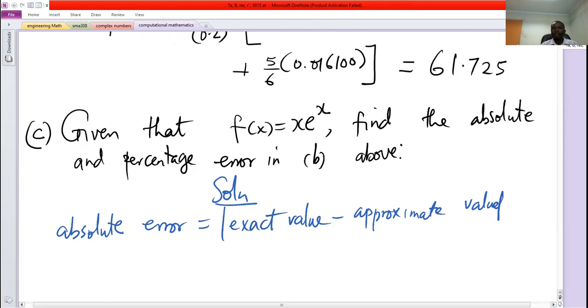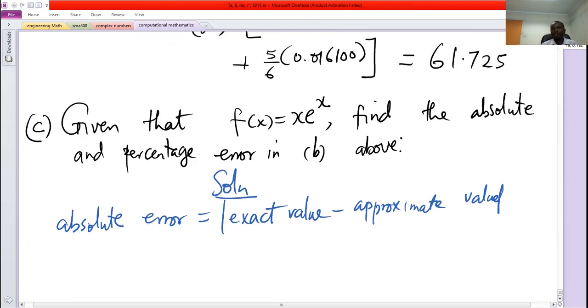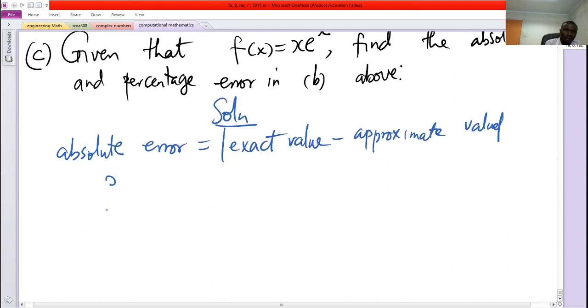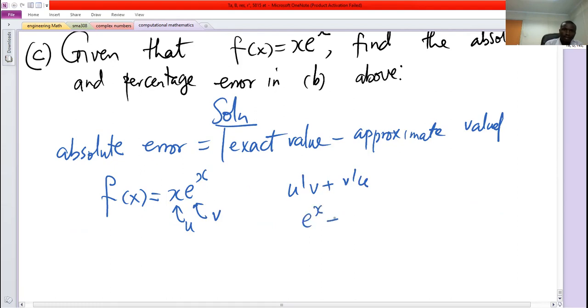So we'll get exact value by differentiating this function twice and replacing 2.6. So f of x is x e raised power x. Let this one be u, let this other one be v. So u prime v plus v prime u. So u prime is 1, so e raised power x, plus v prime is e raised power x, so times x.